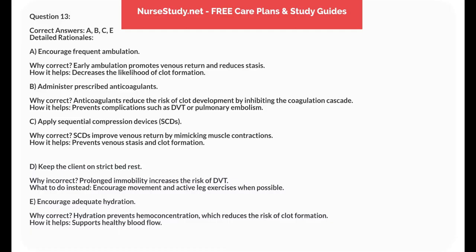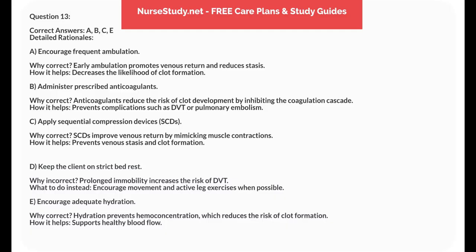How it helps: prevents complications such as DVT or pulmonary embolism. C. Apply sequential compression devices, SCDs. Why correct? SCDs improve venous return by mimicking muscle contractions. How it helps: prevents venous stasis and clot formation.